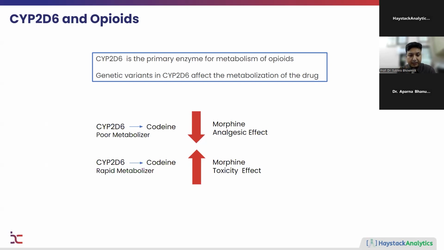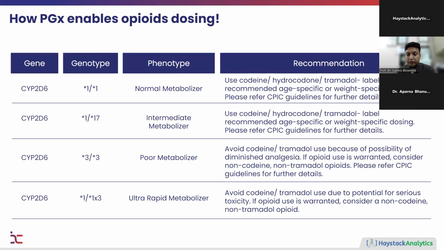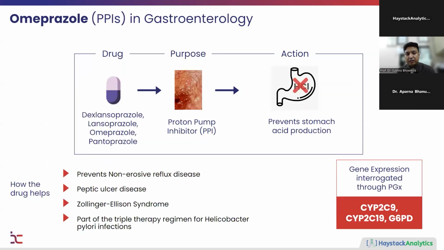And if there's a rapid metabolizer, then you will see that there will be toxicity of morphine, which can result in respiratory depression. So pharmacogenomics definitely helps in opioid dosing as well. Another very common area is omeprazole, the proton pump inhibitor in gastroenterology. We write this drug left, right, and center in our general practice, in our gastroenterology practice.